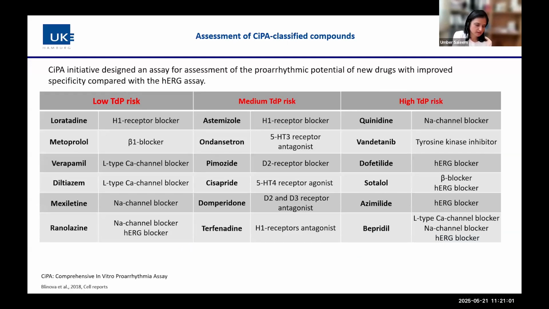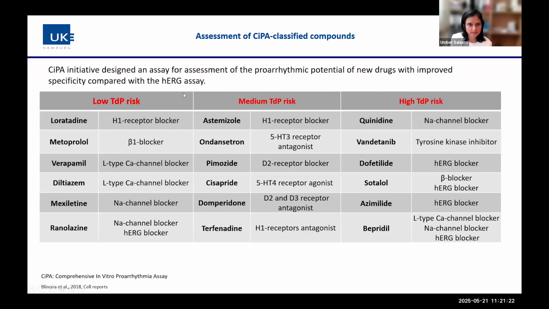And then we assessed 18 compounds from the CiPA classified list. And CiPA is an initiative which designed an assay for assessment of pro-rhythmic potential of new drugs with improved specificity compared with the hERG assay.